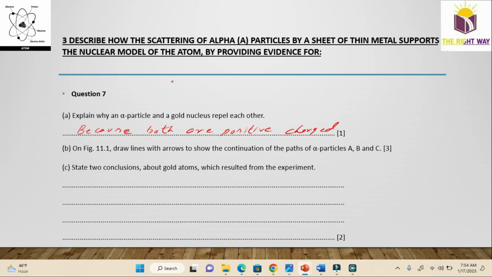State 2 conclusions about the gold nucleus from the experiment. Most of the atom is empty.